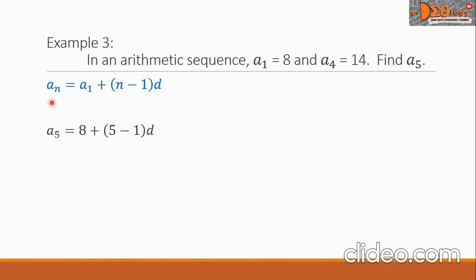Using our general term formula with regard to our a sub 5, this is equal to a sub 5 equals 8, and that is the first term, plus the quantity, the n is also 5, and then minus 1, times d. There is no common difference given in the problem.